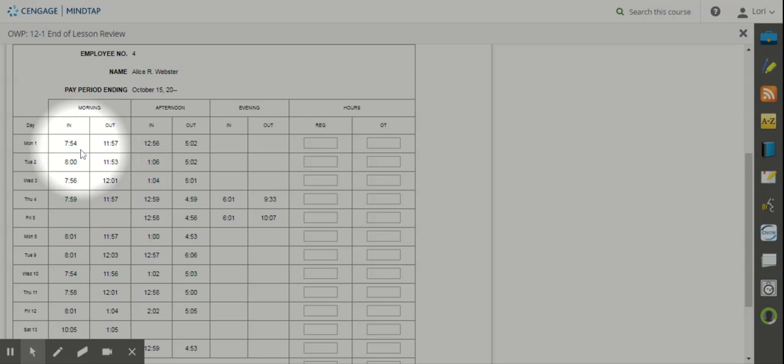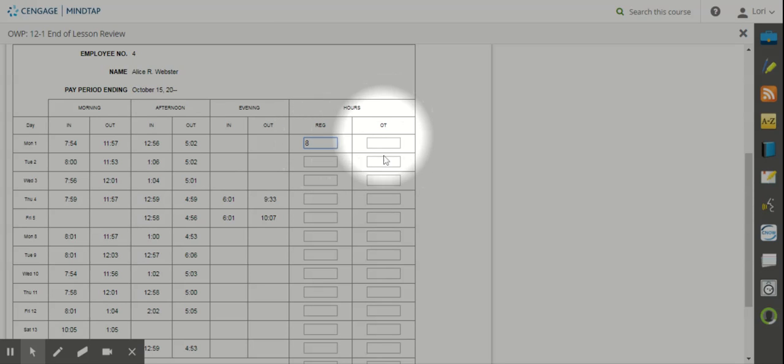So in that time slot, she worked 4 hours. And then from 12:56, which rounds to 1, to 5:02, which rounds to 5, is 4 hours. So that gives a total of 8 hours.